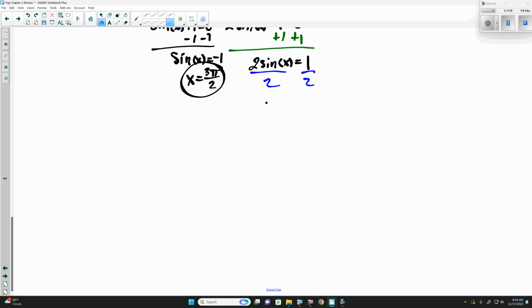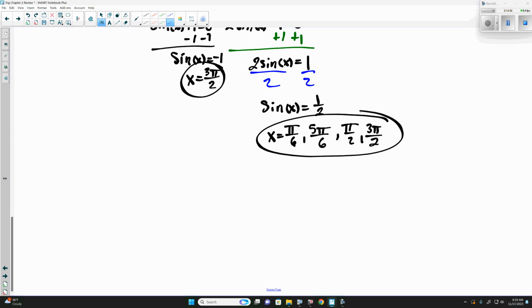Divide both sides by 2, telling us sine of x is 1/2. And if we look on the unit circle, I believe our two spots are pi over 6 and 5 pi over 6. Yes. So all 4 of our answers are these here.